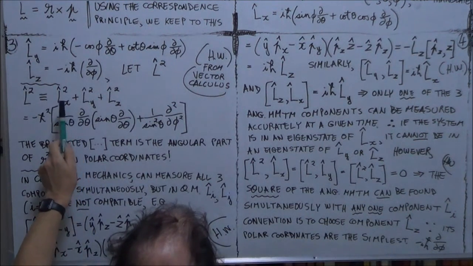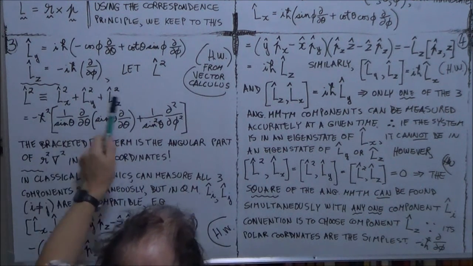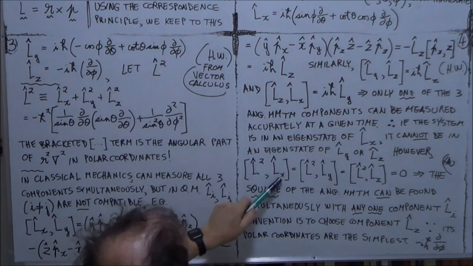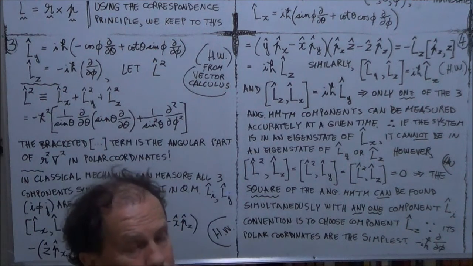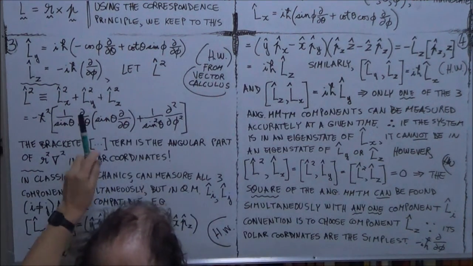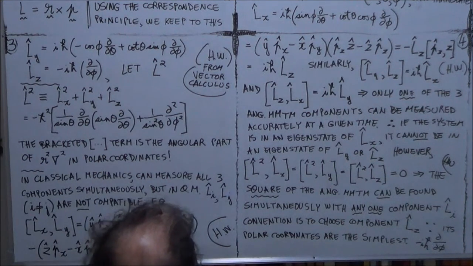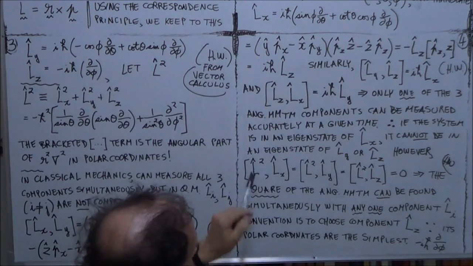Now I ask you to do that for homework. If you find the commutator, you put this value here, this sum here for Lx. Now you can split that sum up into 3 parts, and well, it's probably easier using the xyz coordinates. So I asked you to do that as well.